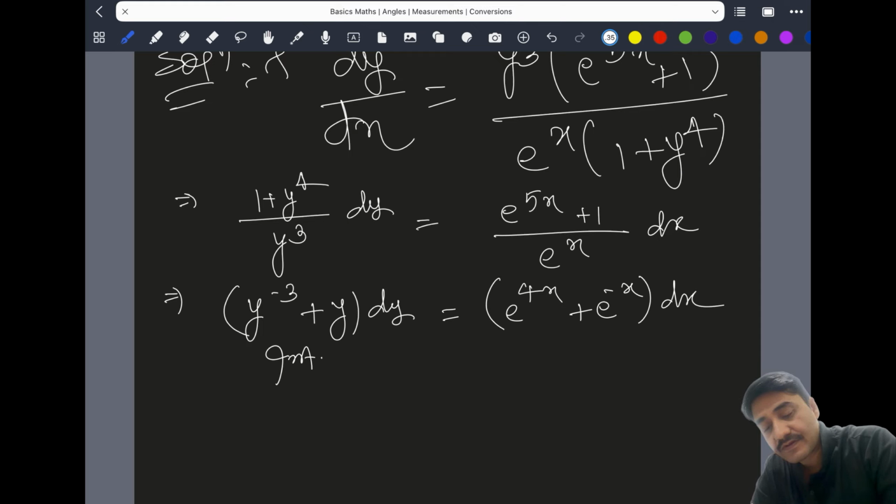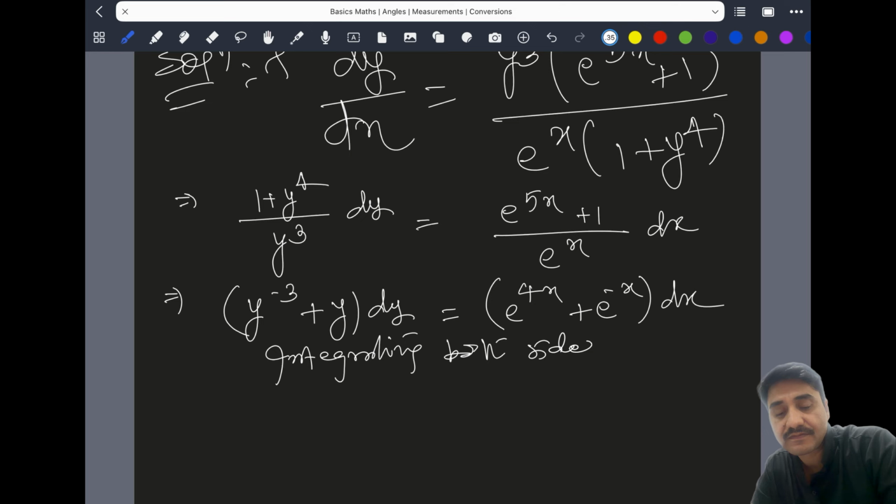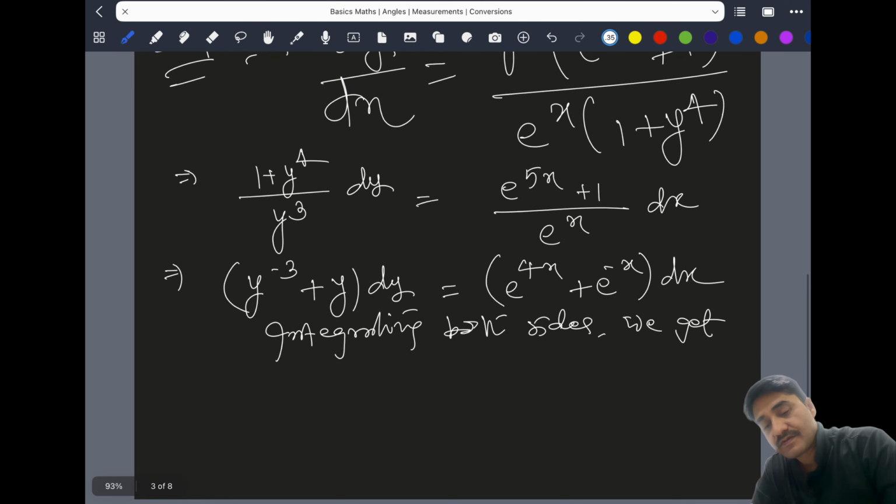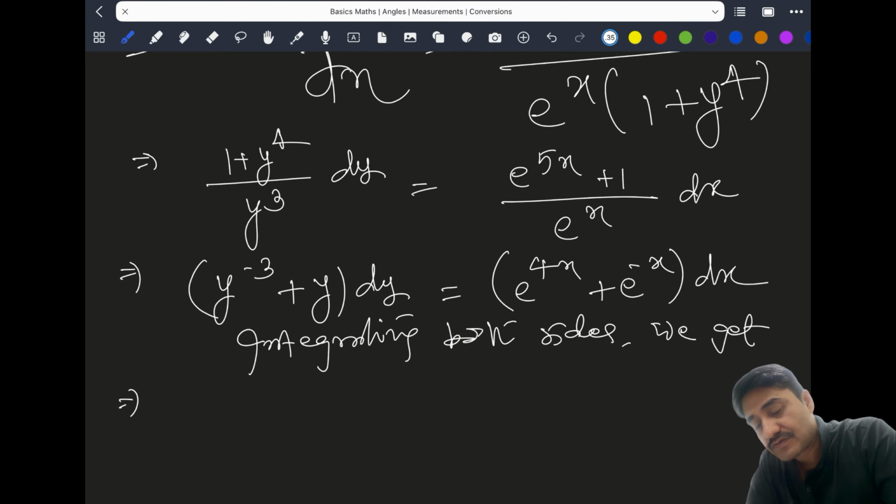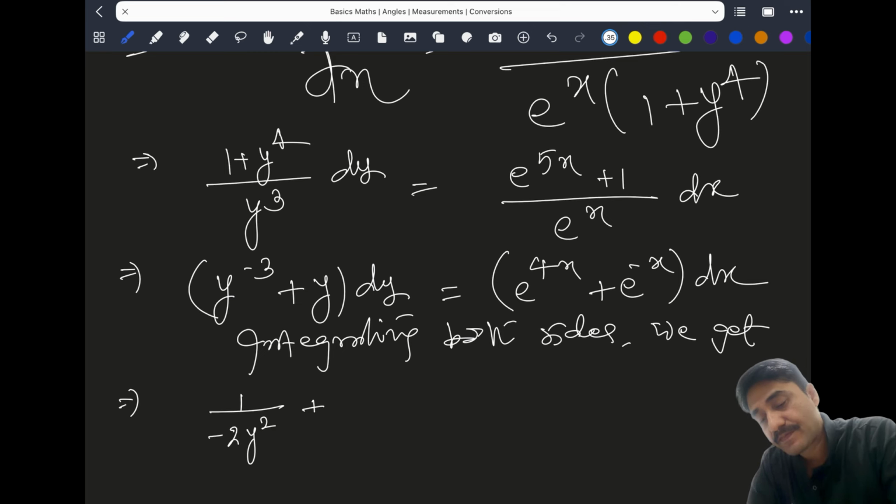Now integrating both sides. Then what will come? Integration of y raised to minus 3 will be 1 by minus 2y square, and here will be y square by 2.